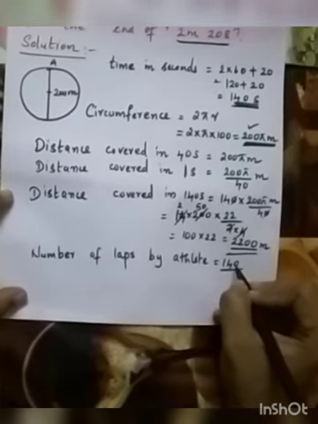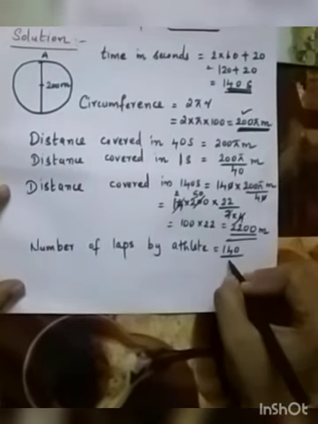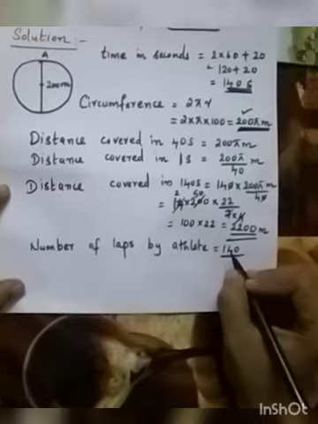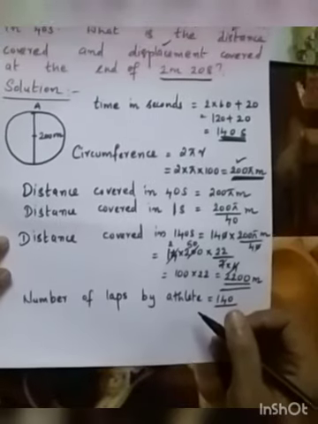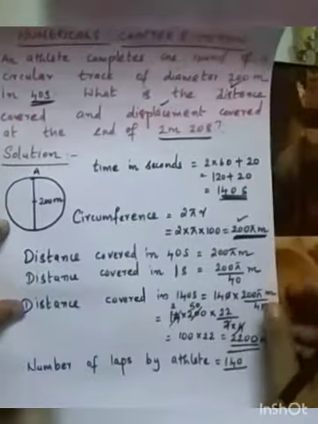So what is the total time taken? Total time is 140 seconds. And what is the time taken to complete one round? Yes, it is given in the question. Time taken to complete one round is 40 seconds, right?